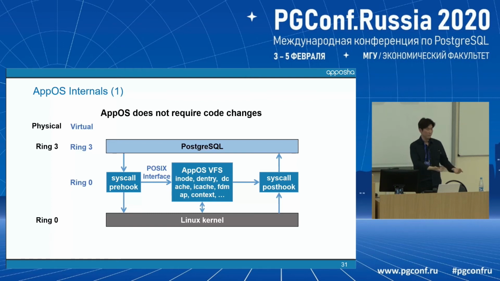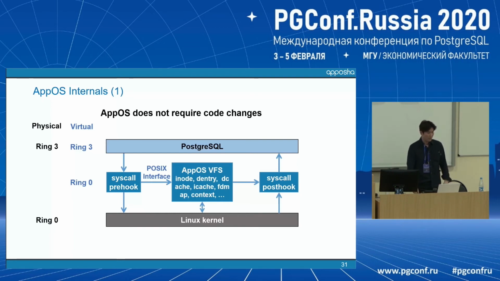That's why we can seamlessly integrate with existing applications. Inside the VFS, we have the inode structure, the dentry cache, the iCache, the FD map, and context. And it's really similar to the Linux kernel internally.